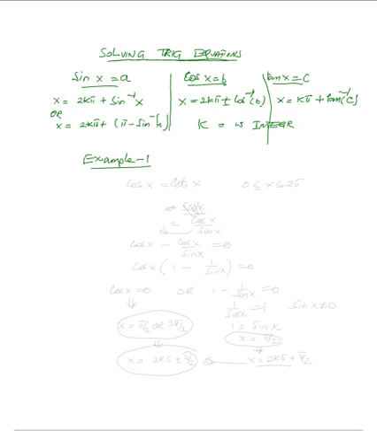So the first example is, let's say, cosine of x equals cotangent of x. And I want to limit my discussion to x between 0 and 2 pi. Of course, if you need the general solution, we can always use our previous ideas.